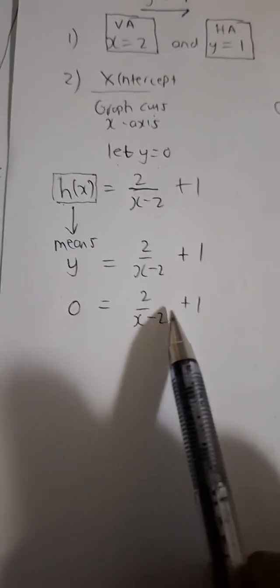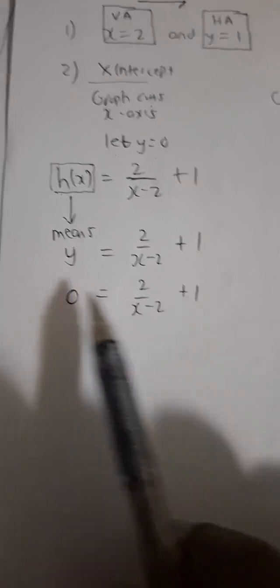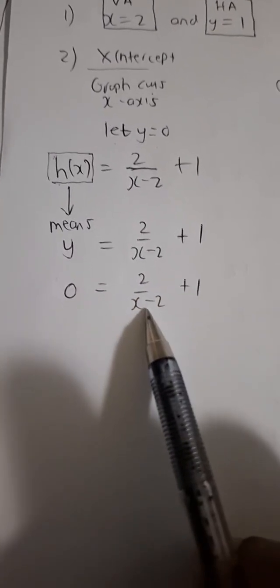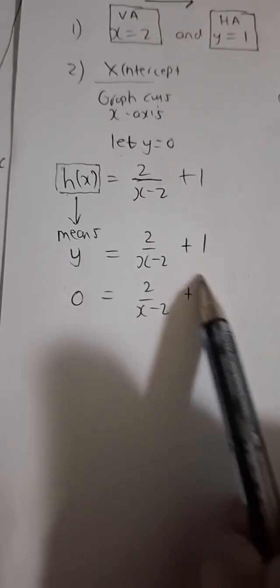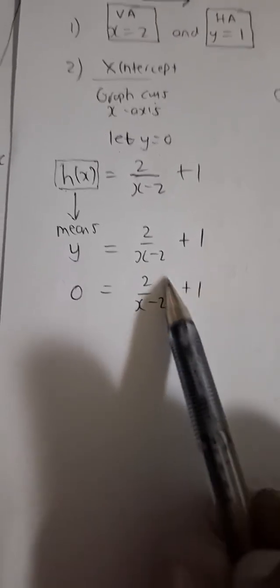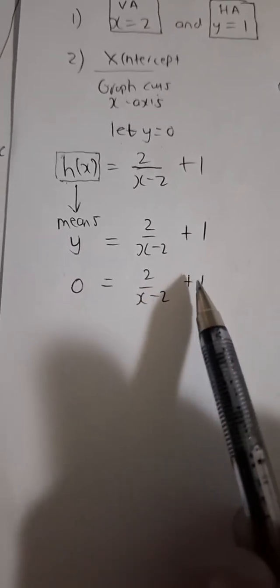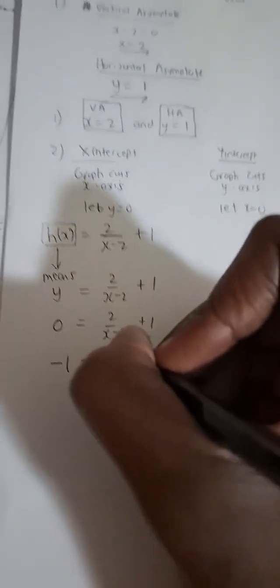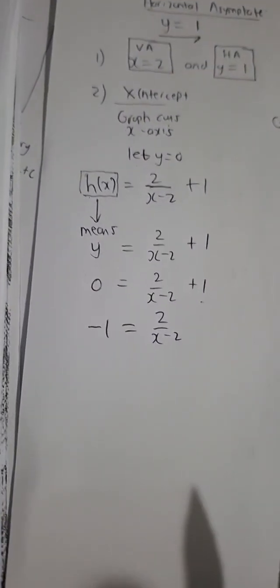So what we have here is 0 is equal to 2 over x minus 2 plus 1. We want to solve now for x. So Luandle said, sir, let's transpose the constant term here. So positive 1, we transpose it to the left-hand side. Then we isolate the fraction.